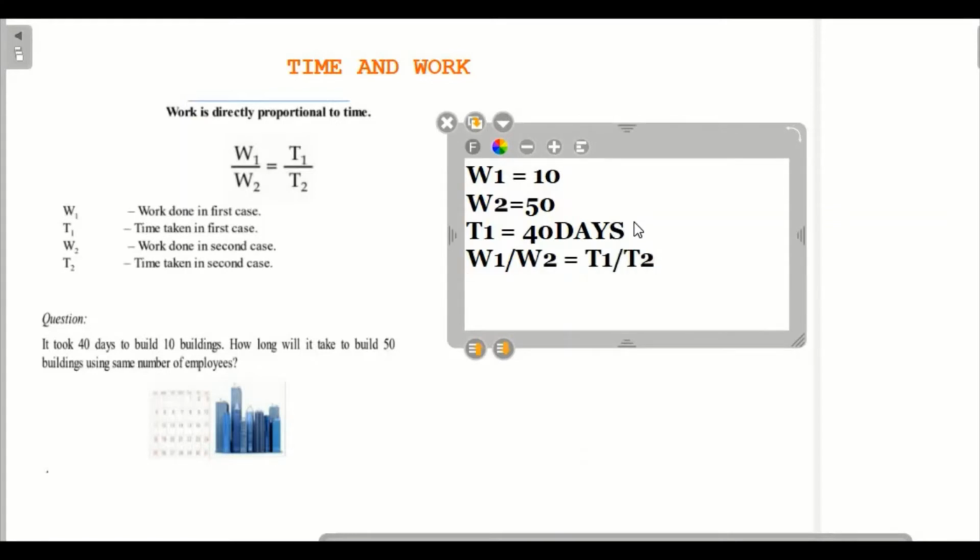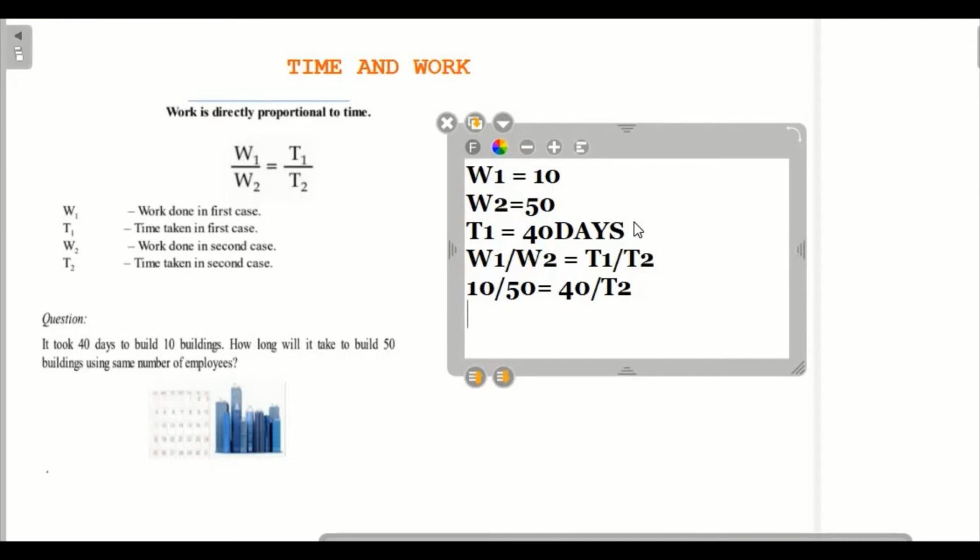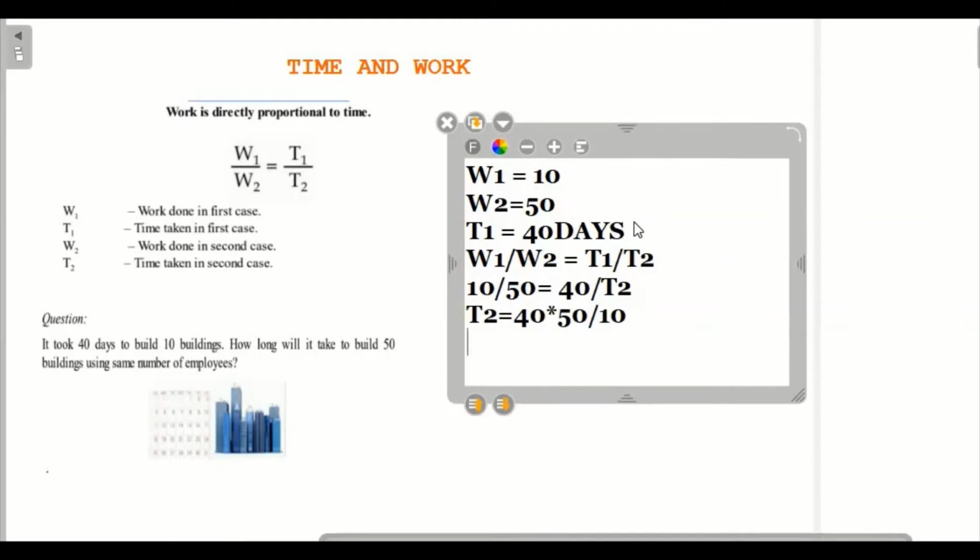Substituting the values, 10 by 50 is equal to 40 by T2. We cross multiply: T2 equals 40 into 50 by 10. 40 into 50 is 2000, divided by 10.